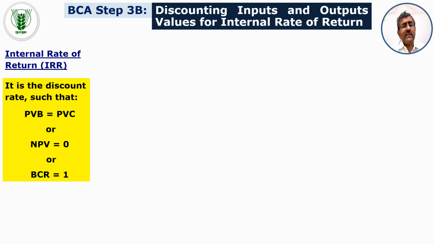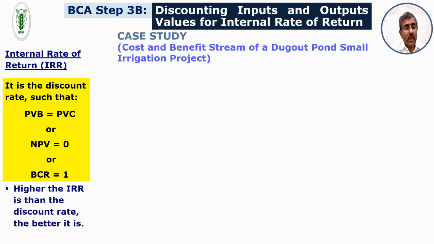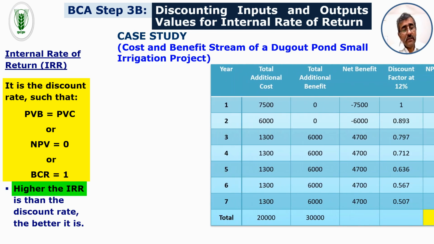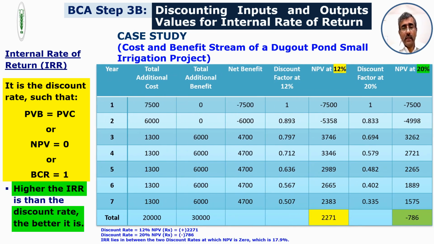As we go on increasing the discount rate, the net present value starts decreasing, and at a certain discount rate it becomes 0, and same is the case of benefit cost ratio becoming equal to 1. So that discount rate is the internal rate of return. Higher the internal rate of return is than the discount rate, the better it is.